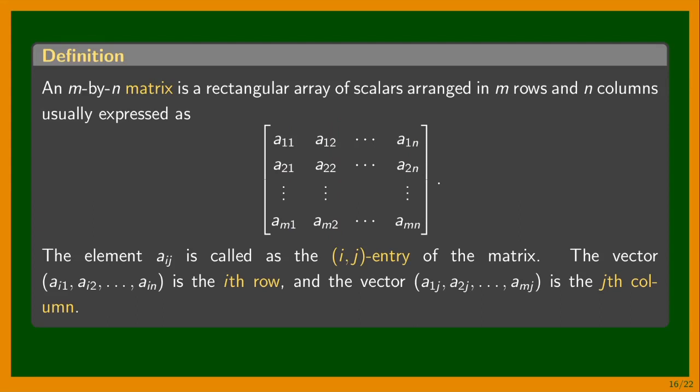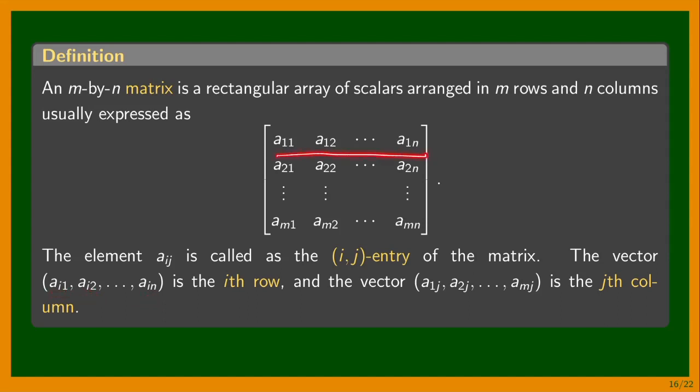Now, the element A12, for example, or these are called the entries of the matrix. More specifically, Aij is called the ij entry of the matrix. The vector of entries with first subscript i is called the ith row.